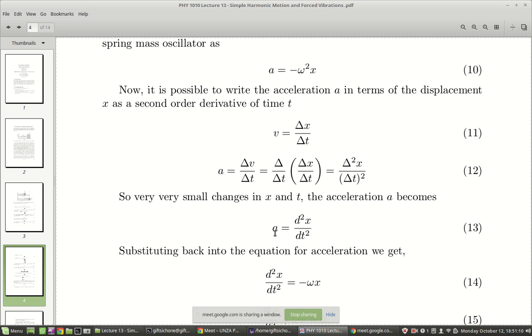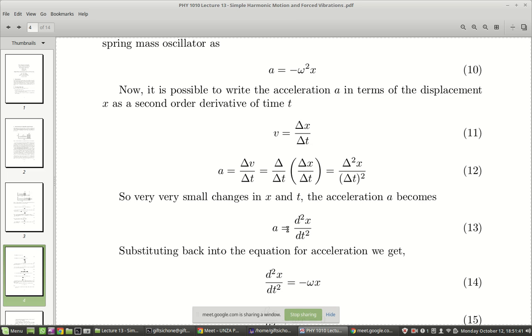Then you differentiate the velocity again, you get yourself the acceleration. This is a highly mathematical way of writing the acceleration. You can write your acceleration as the derivative of x with respect to t twice. You put it here, you end up having d squared x dt squared equals that.